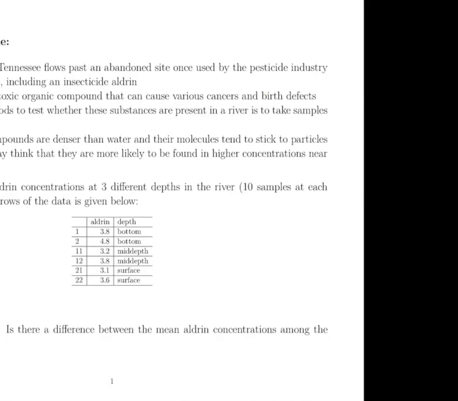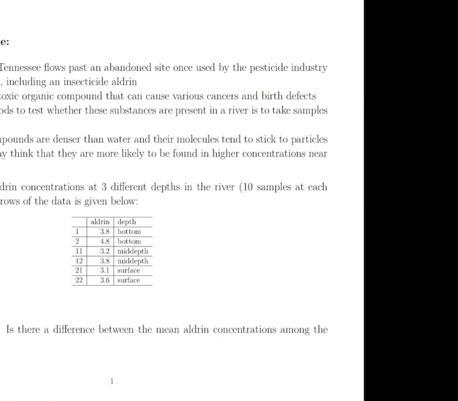So what this study did was collect the aldrin concentrations at 3 different depths in this river, and it did 10 samples at each depth. So I've put a preview of the six rows here.